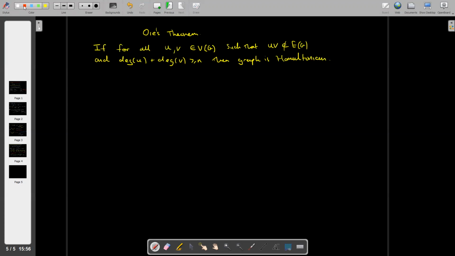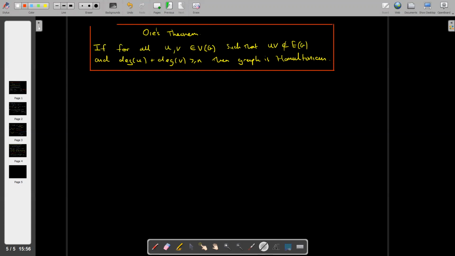Okay, so that's what Ore's theorem says in symbols, and I'll write it again in English and then spell it out with an actual example.